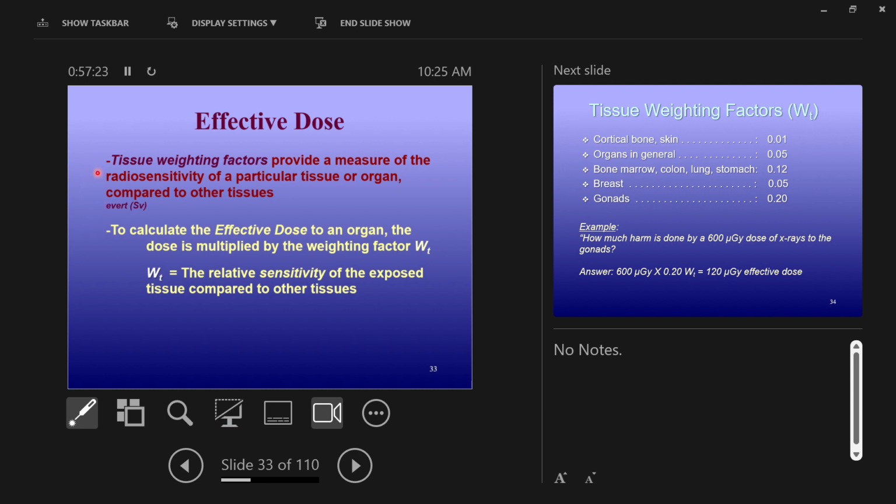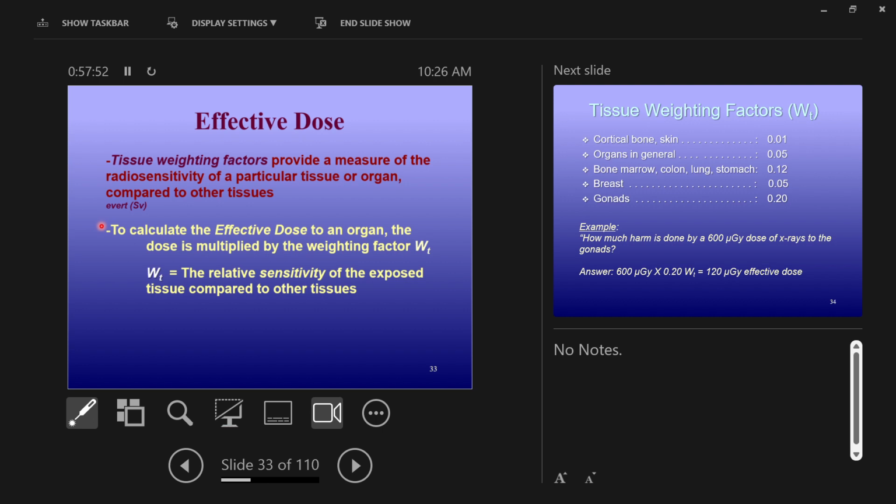This provides a measure of the radiosensitivity of a particular tissue or organ when compared to other tissues. The unit is again going to be the sievert, okay? So this patient receives some amount of sieverts of dose equivalent, and now, taking into account their body tissue, we can say what the effective dose is in sieverts, okay?